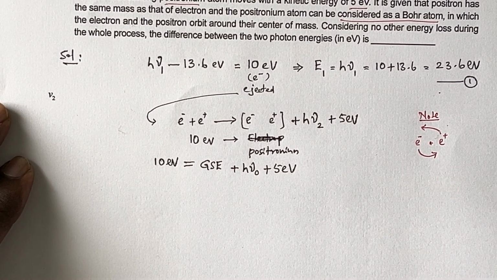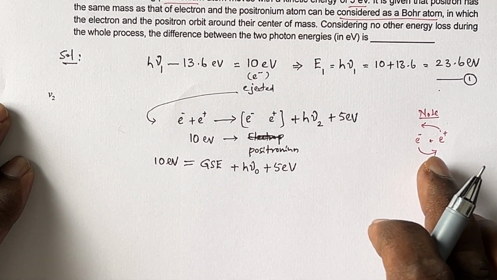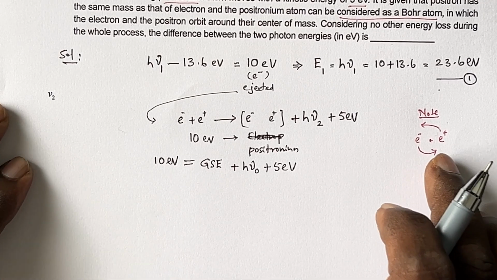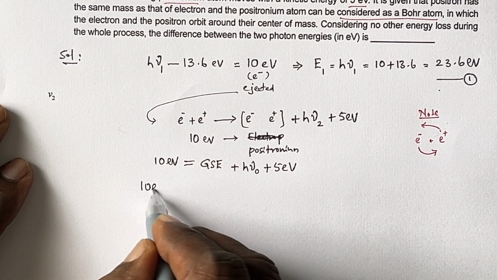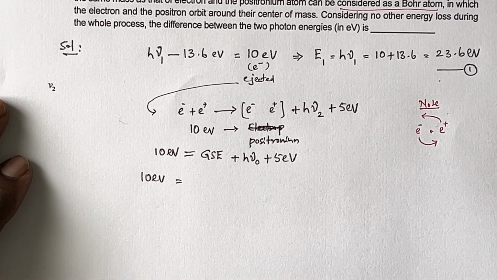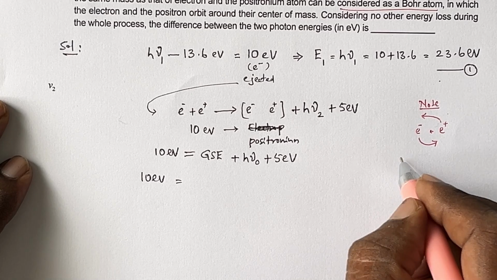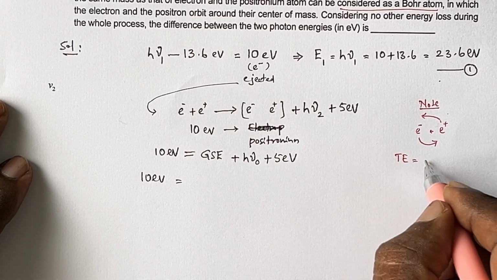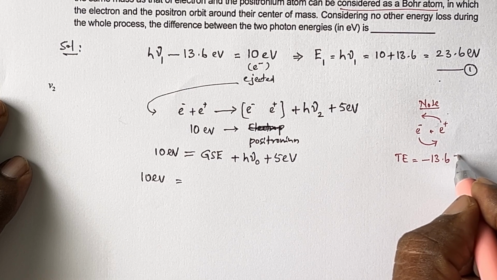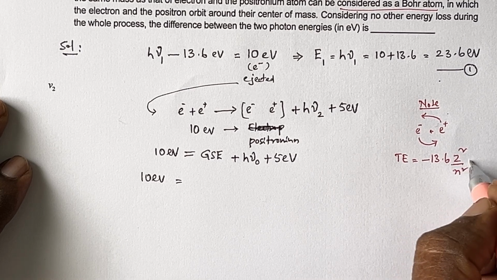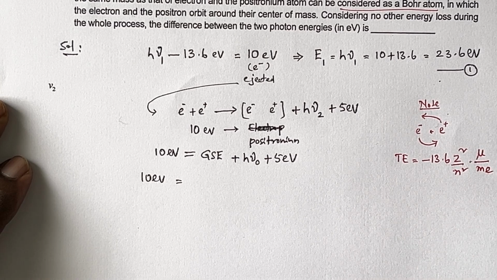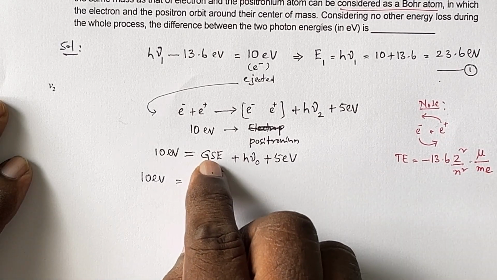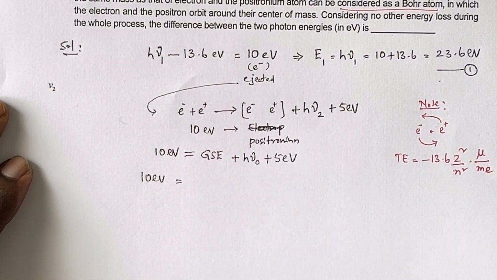Whenever the electron and nucleus move around a center of mass, the ground state energy of this kind of atom is given by minus 13.6 into Z squared by n squared into the reduced mass by the mass of the electron. This is the formula.